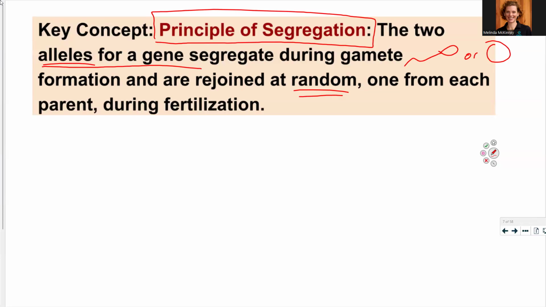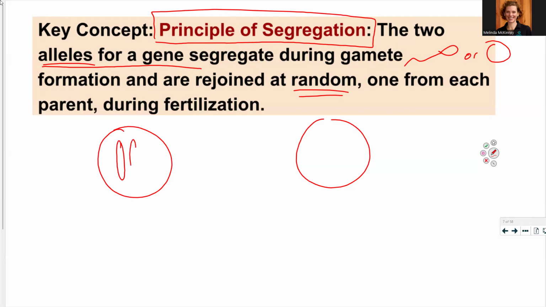So during fertilization, we've got two cells here. Let me model this. So here's one cell, here's one parent, and they've got, let's just do one chromosome over here, and it's got an allele, say capital A here, and a lowercase a over here.